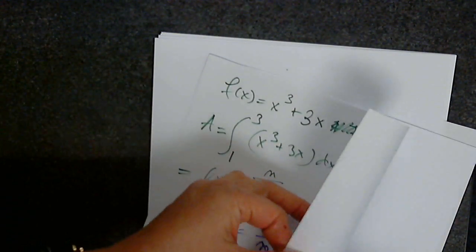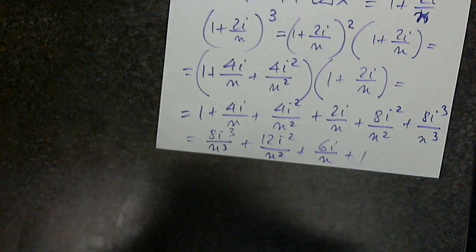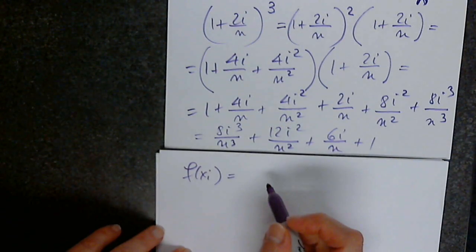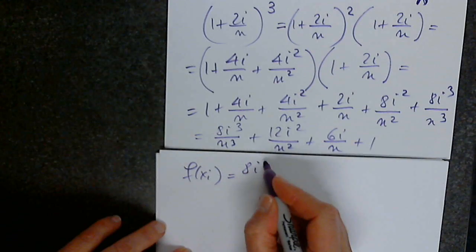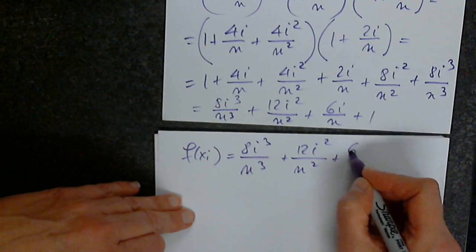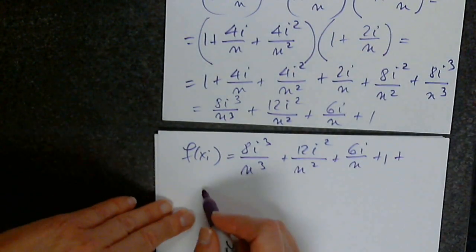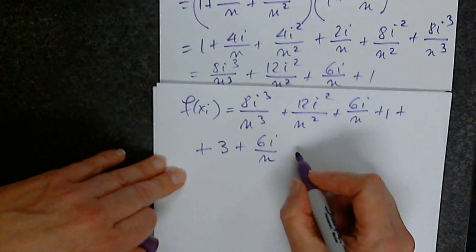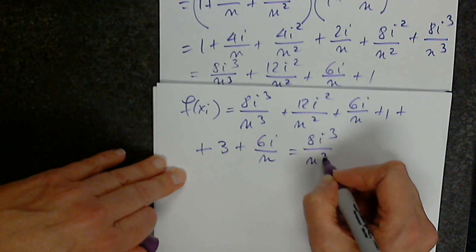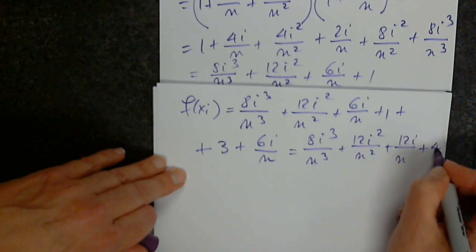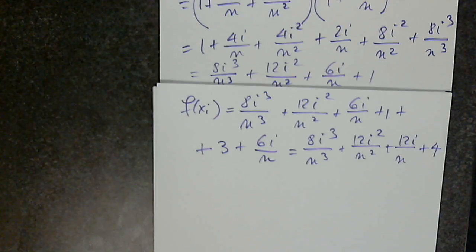So therefore, we have f of xi, which is all this, 8i to the third over n cubed plus 12i squared over n squared plus 6i over n plus 1, plus 3 plus 6i over n. So therefore it is 8i to the third over n cubed plus 12i squared over n squared plus 12i over n plus 4. So please take it from here and find both the limit of the Riemann sum and the definite integral to check.